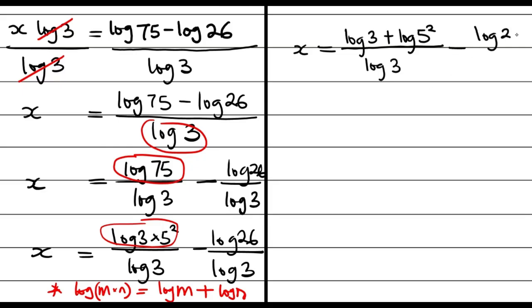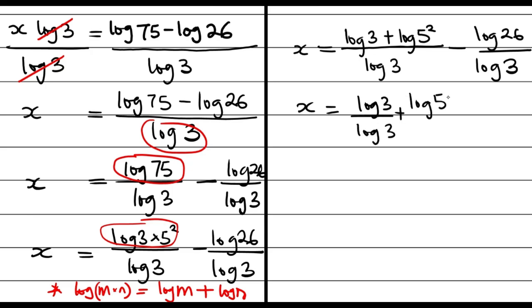Log of 26 over log of 3. Therefore, I'm going to split this exactly the way I split the other one. We now have x equals log of 3 over log of 3 plus log of 5 raised to the power of 2 over log of 3, then minus log of 26 over log of 3.